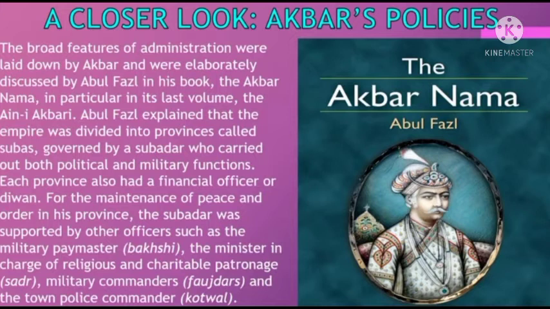For the maintenance of peace and order in his provinces, the Subadar was supported by other officers such as the military paymaster Bakshi, the minister in charge of religious and charitable patronage Sadr, military commanders Faujdars, and the town police commander Kotwal.